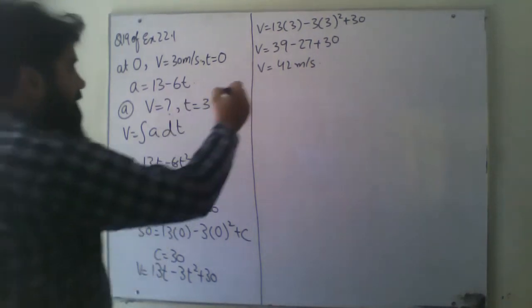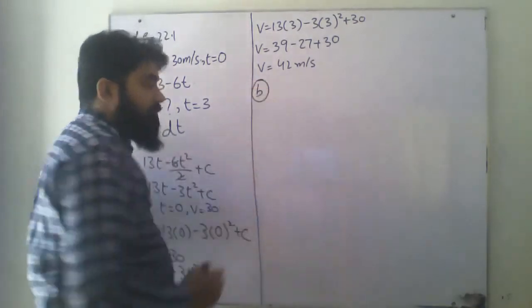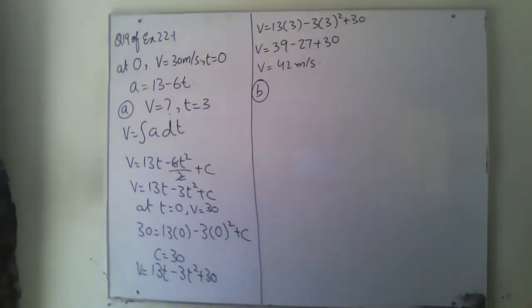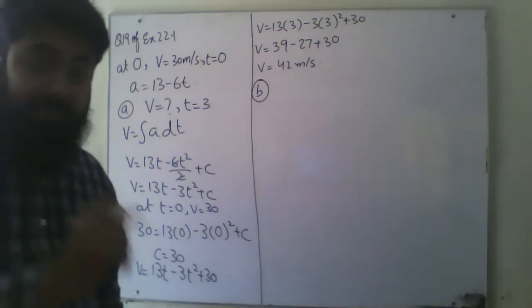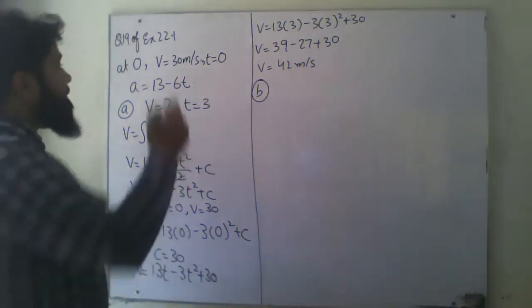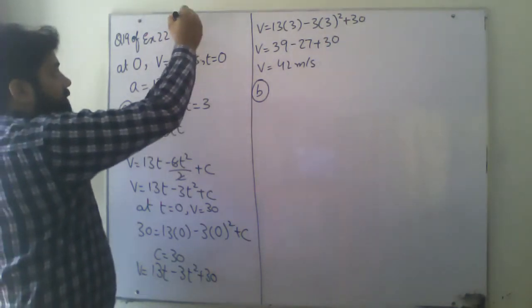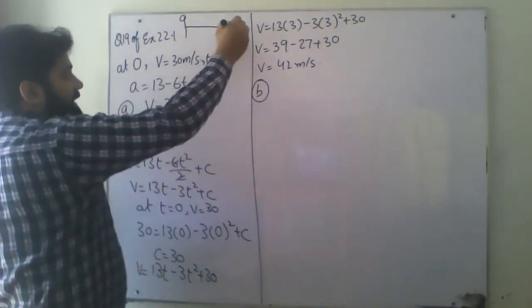Now, part B of the question is saying that we have to find the time at which the body has covered maximum distance in initial motion. Now, beta, see, this is O point, okay, and body is moving in this direction.